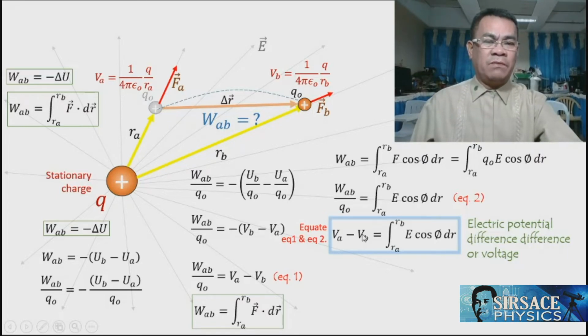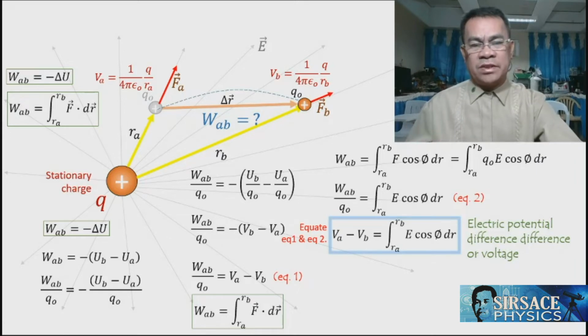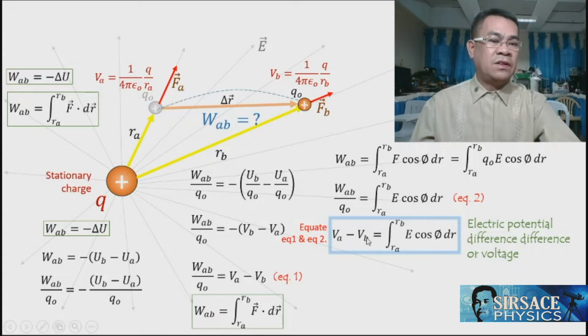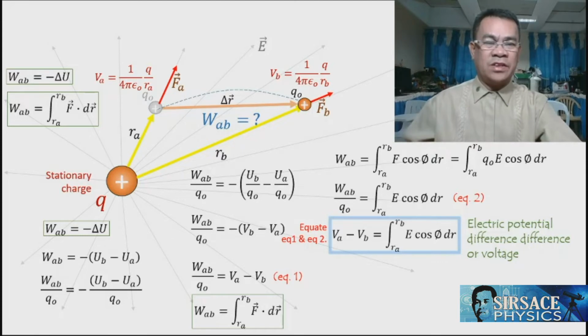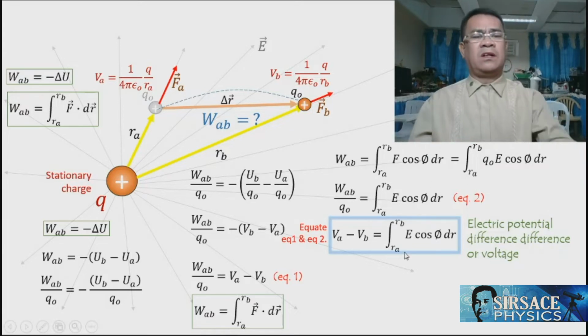So if you place the final position at infinity, or maybe the initial position at infinity, then one of these can be equated to zero. In that process, you are calculating the potential at any point of the charge distribution. Okay, so this is a very, very important formula. Why? Because this involves three quantities.